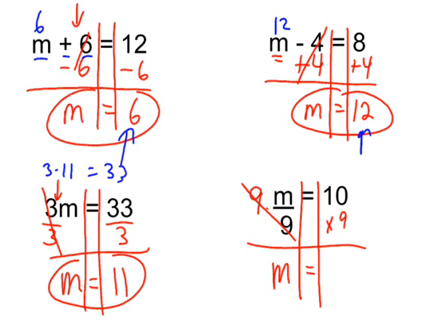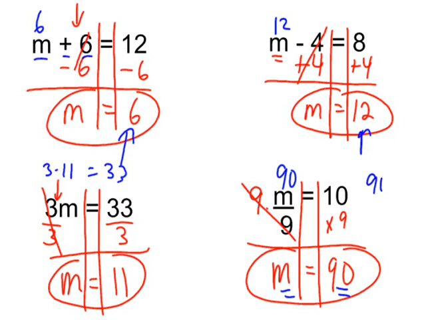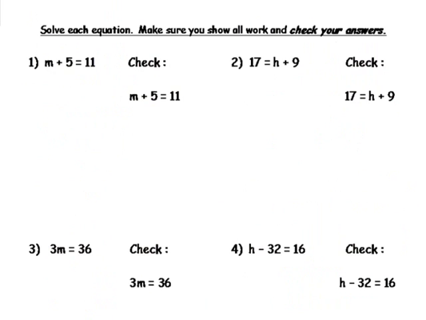M would equal 90. M would have a value of 90. And just to double check that, I'm going to replace m with our answer of 90. Is 90 divided by 9 10? Yes.